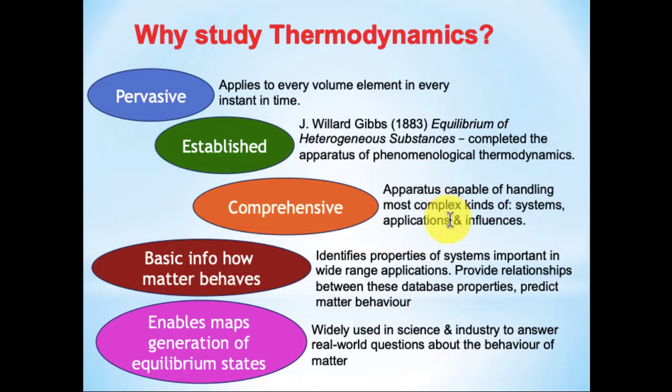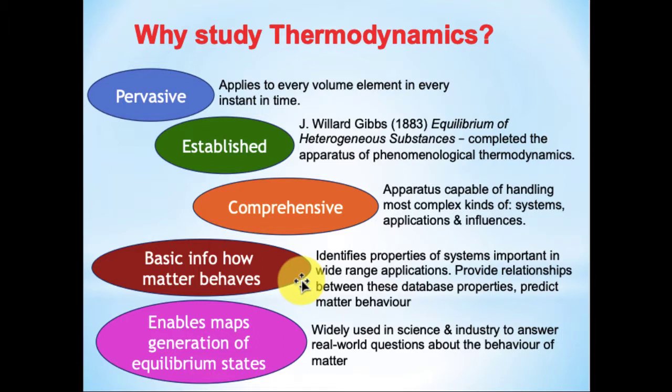For applications here, like structural materials, electronic materials, corrosion-resistant materials, nuclear materials, biomaterials, and nanomaterials. The apparatus is capable of handling the most complex kinds of influences like thermal, mechanical, chemical, interfacial, electrical, and also magnetic.